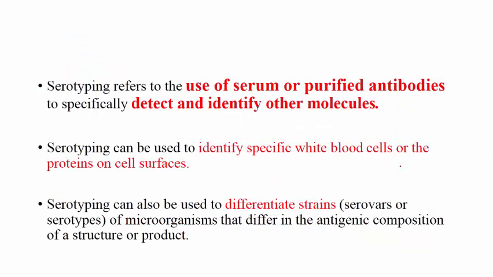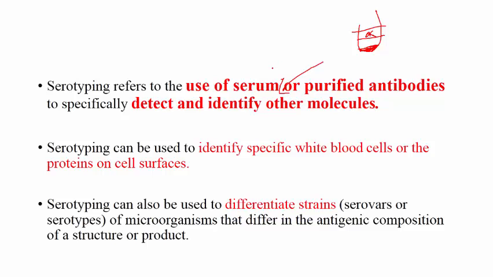In serotyping, you will use the serum. What is serum? When you centrifuge whole blood, the particles with high molecular weight settle at the bottom, and in the supernatant you get the serum.